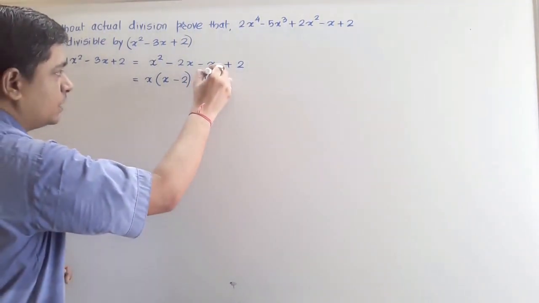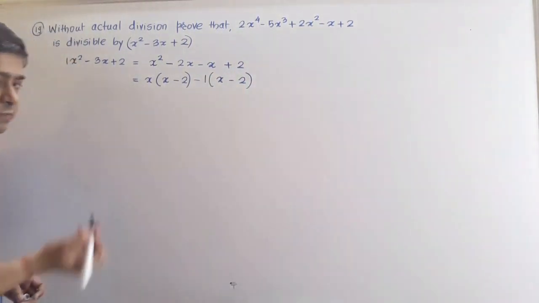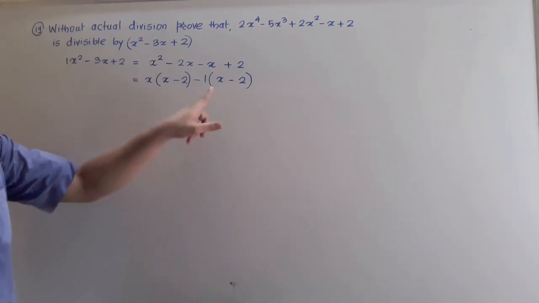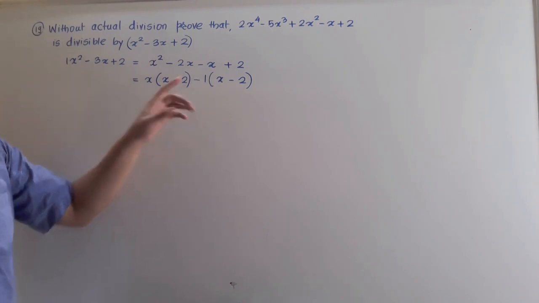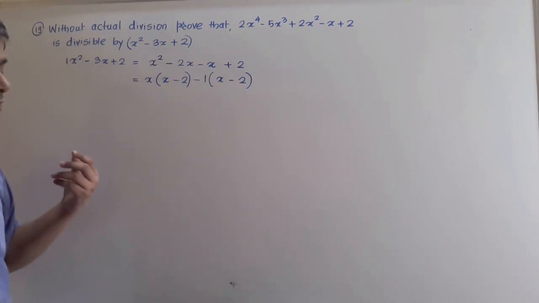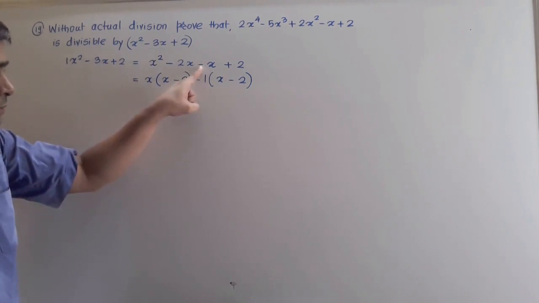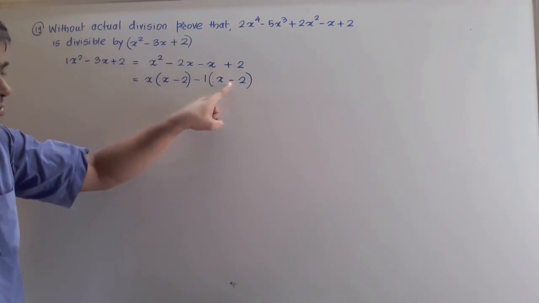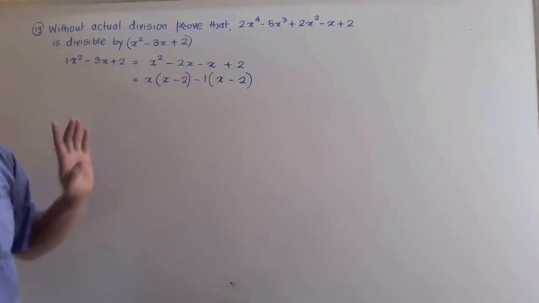Since we have taken 1 common, both terms come as they are, so it will come x minus 2. Minus, why is it coming? Because actually the minus sign we have taken common. But if you want to do it directly, remember that if the third term contains the minus sign, here also you keep the minus sign and change the last term's sign. Since 1 is taken common, x and 2 come as they are.